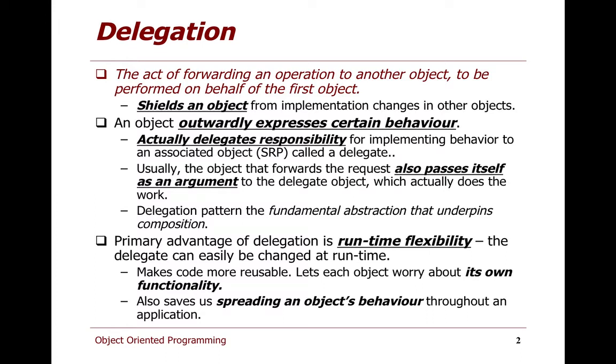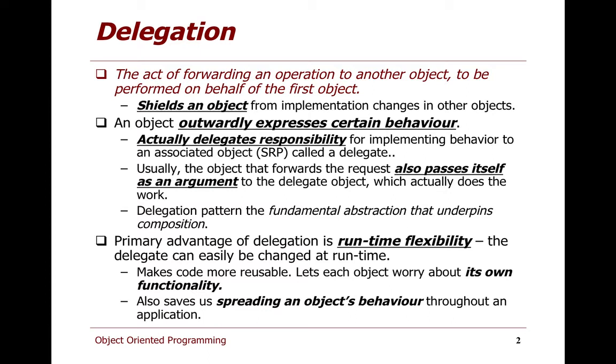The primary advantage of delegation is, as I said, something that we get from all forms of composition really, and it's runtime flexibility. The delegates can easily be changed, as in all forms of composition, at runtime. This makes code far more reusable and lets each object worry about its own functionality, and we call this the single responsibility principle, that each object should be doing just one thing.